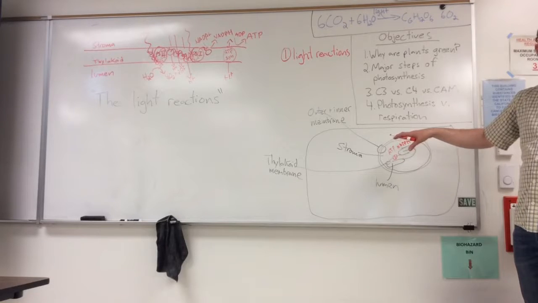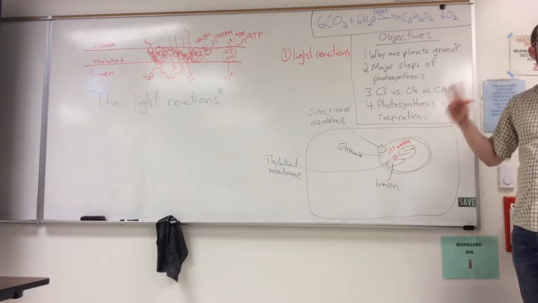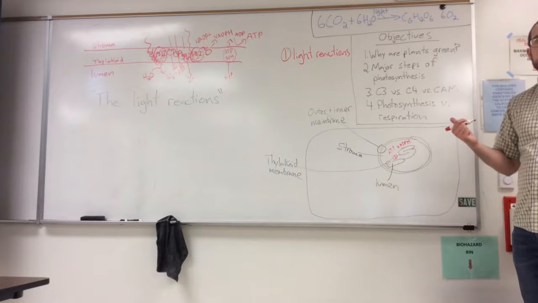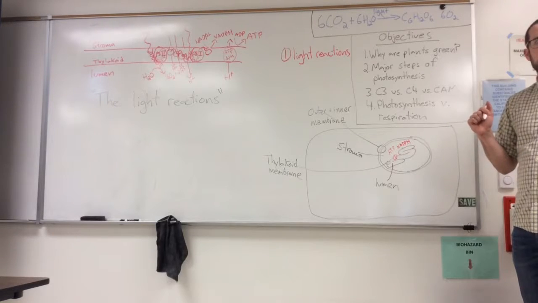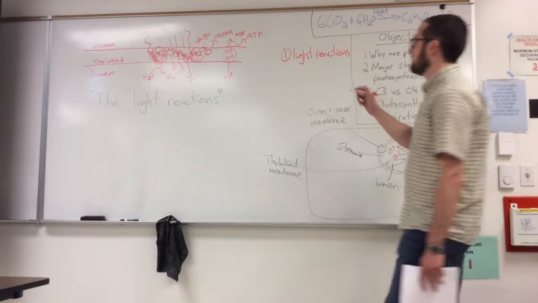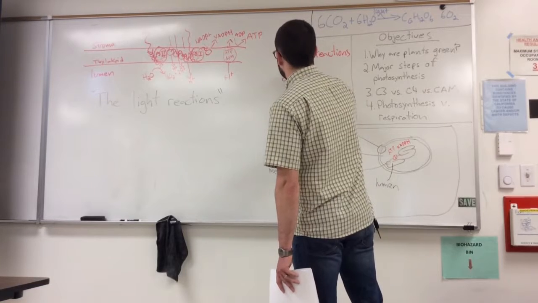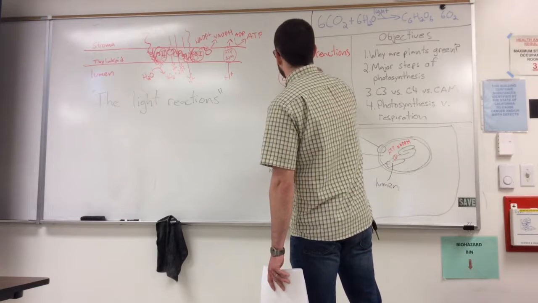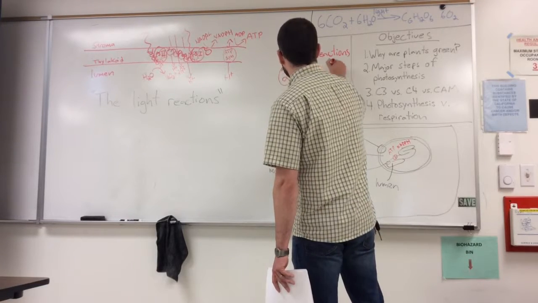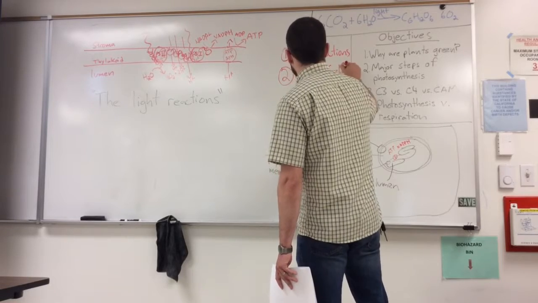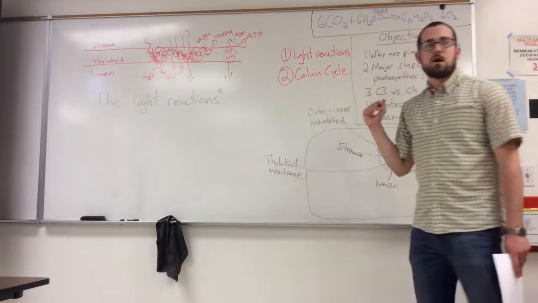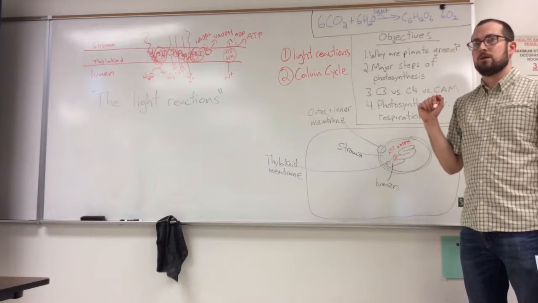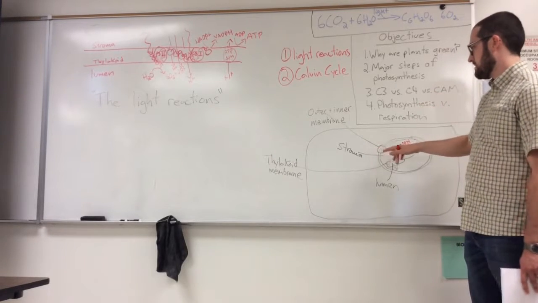So those are going to be important for our next step in photosynthesis, which is called the Calvin cycle. So the Calvin cycle is going to be taking place in the stroma.